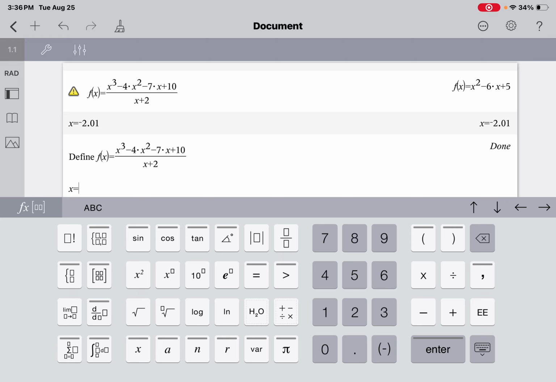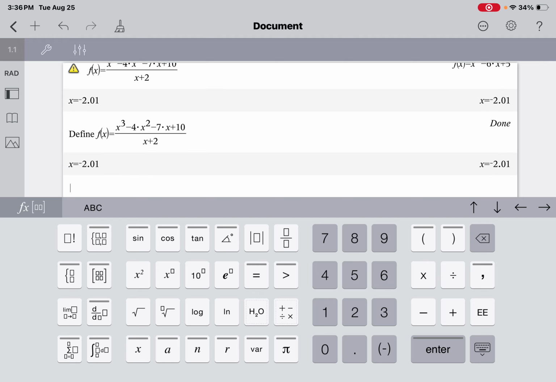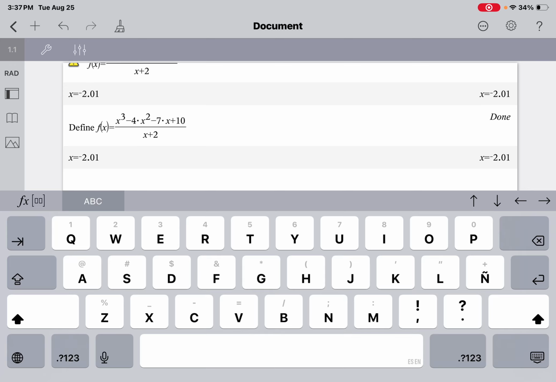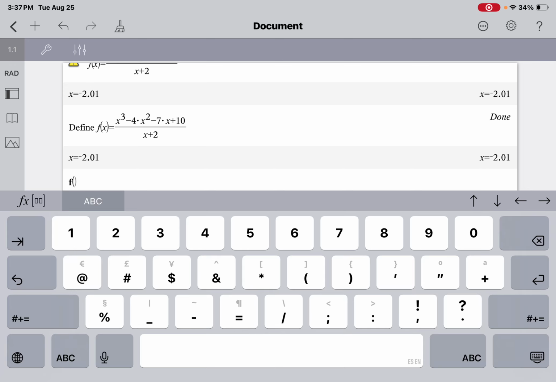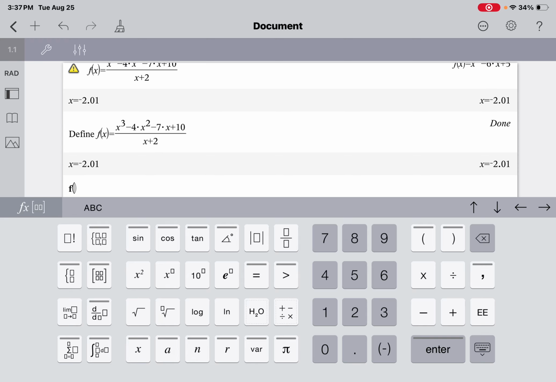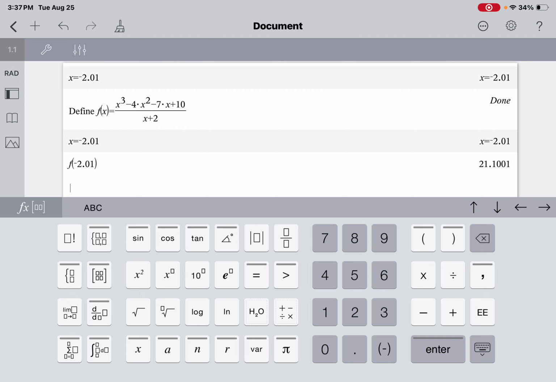I am using a TI-Nspire CAS application on my iPad. If you want to have this for home, I believe it was $30 on the App Store. Negative 2.01. Okay, this is what I wanted it to pop up. This is perfect.